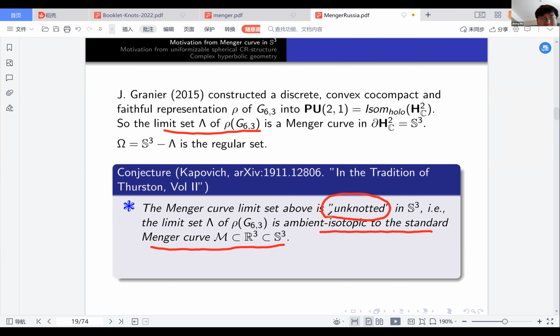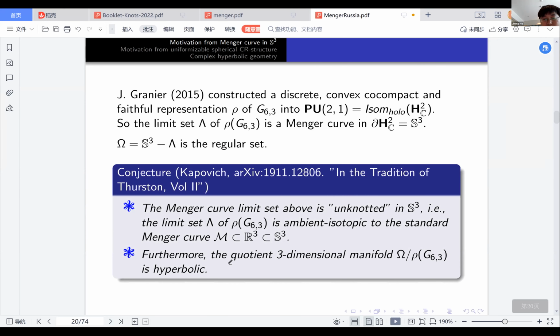And the second part of the conjecture is that furthermore, the complement, and in fact it should be a 3-orbifold, is a hyperbolic 3-manifold. By hyperbolic here, I mean it has a hyperbolic structure of dimension 3. Okay, so Omega here is the complement of the limit set.